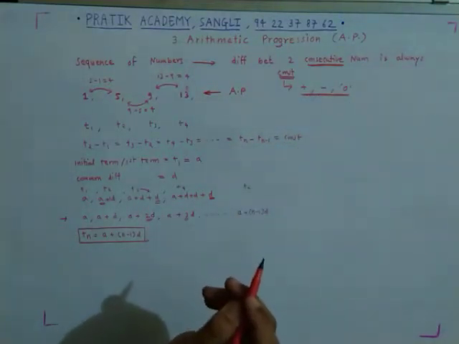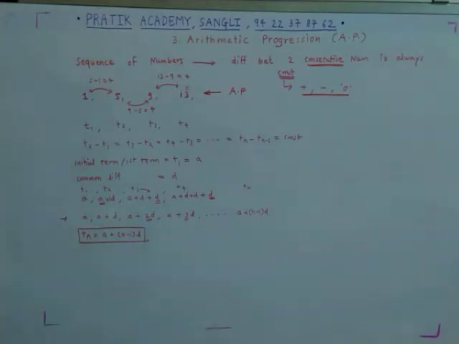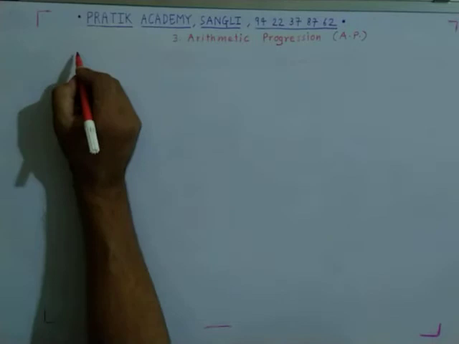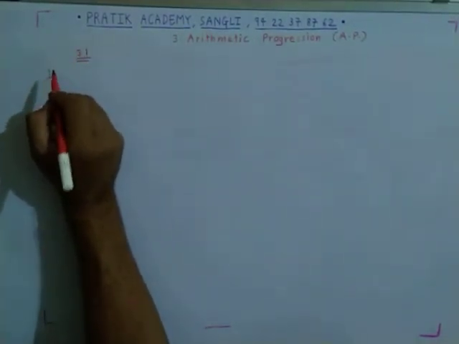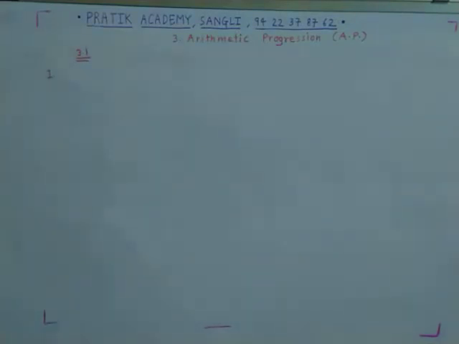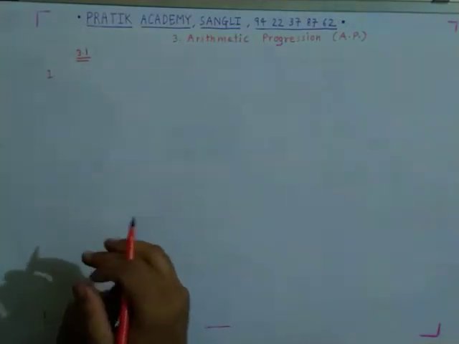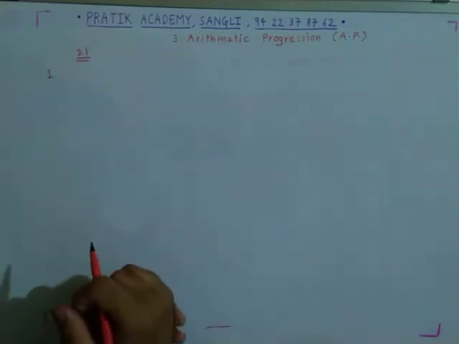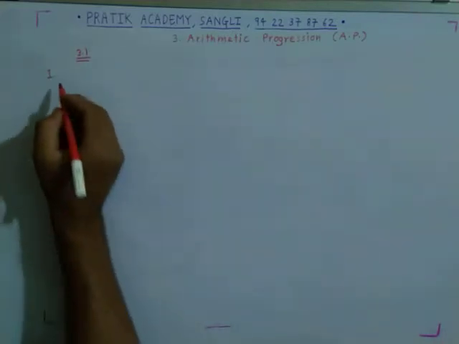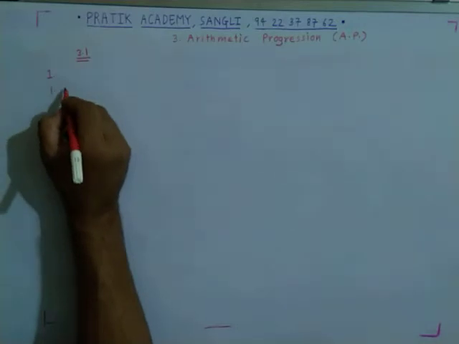Based upon that, we will solve practice set 3.1, in which the first type of examples. The question is: which of the following sequences are in AP? If they are AP, find the common difference. So I will write the first sub question.